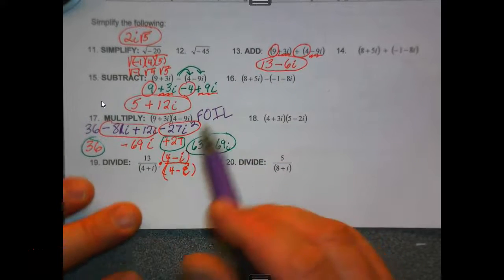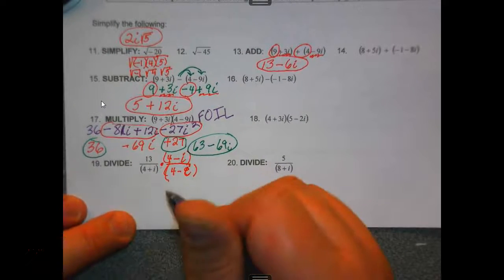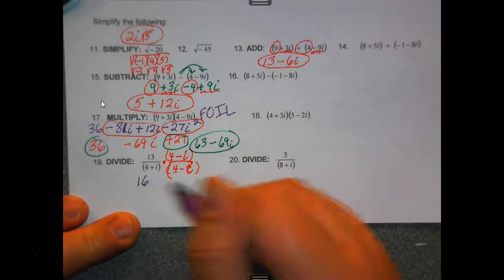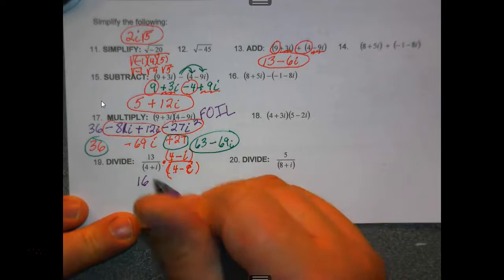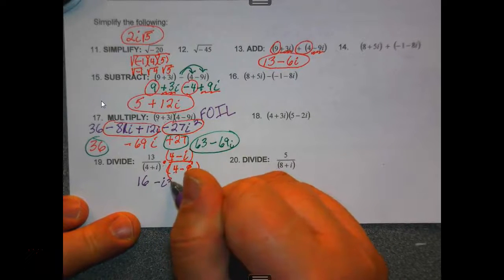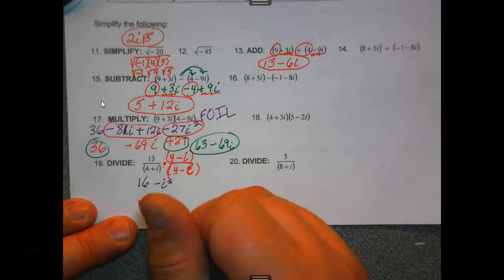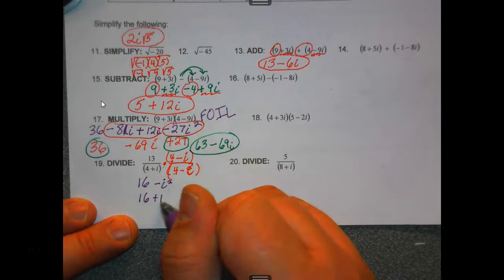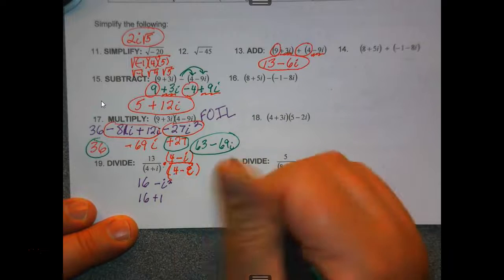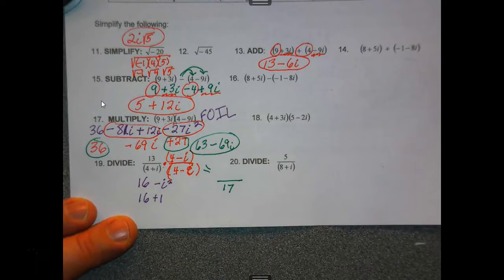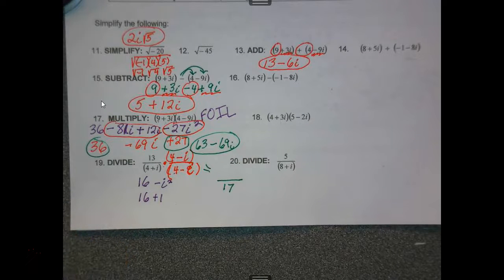The middle terms cancel out, so all I end up with is the first and last. So 4 times 4 is 16. i times negative i is negative i squared, which is just positive 1. So I have 16 plus 1, which equals 17. Then I figure out the numerator.